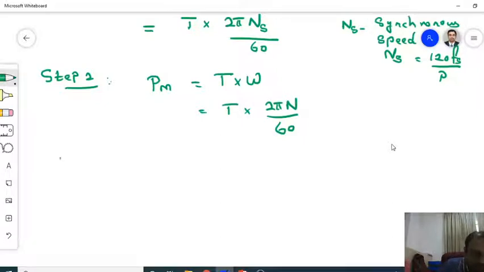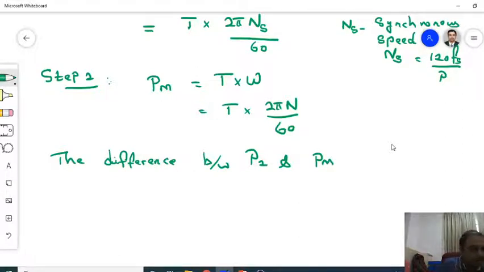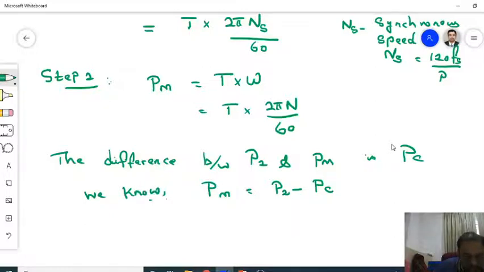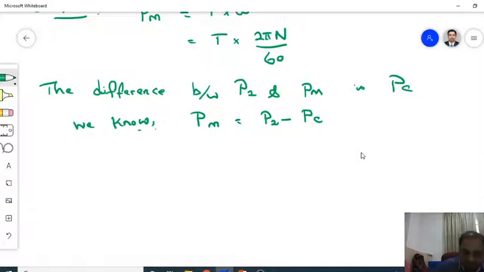Now the difference between P2 and Pm is the rotor copper loss, because we know that mechanical power developed, Pm equal to P2 minus Pc.